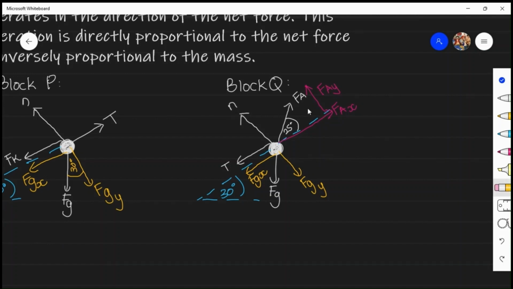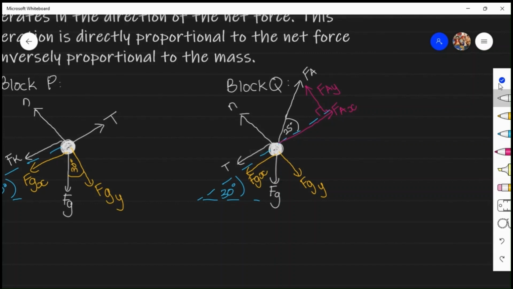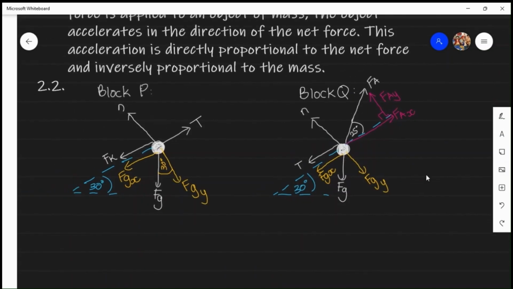Let me make my applied force slightly longer. Okay. Now keep in mind that this is at an angle of 90 degrees. So we now have free body diagrams of both our objects. So that is now going to make the next question slightly easier for us to do.